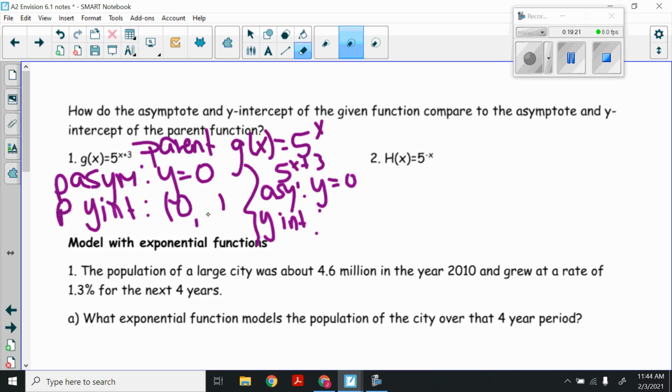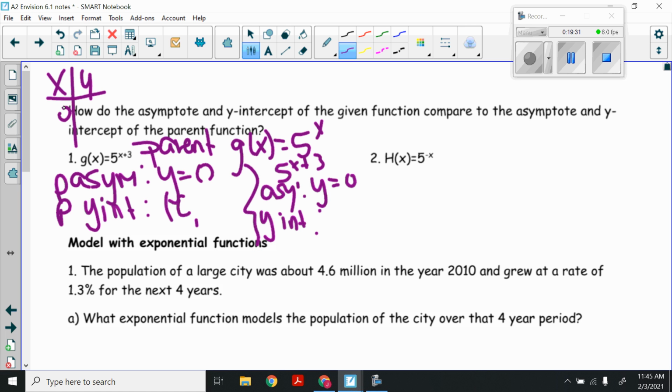Remember, if I did my xy table, if I plugged in 0 for my x, 5 to the 0 power is 1, so it is 0, comma 1.